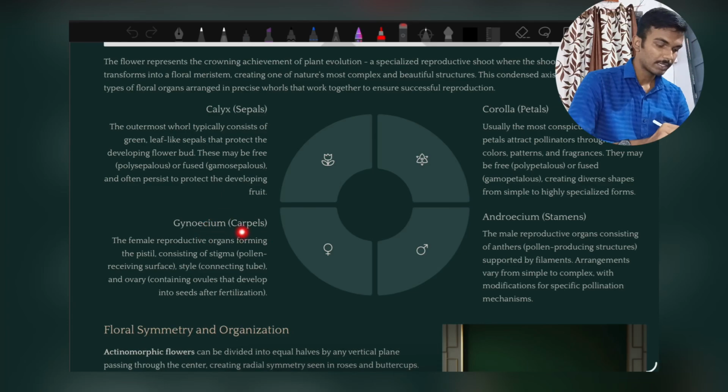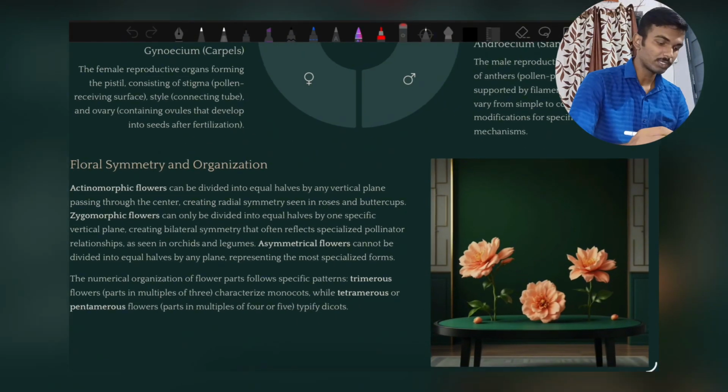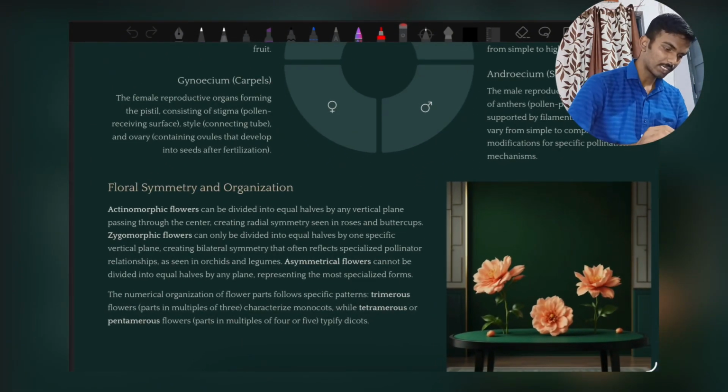Gynoecium carpels, the female reproductive organ, forming the pistil consisting of stigma, pollen receiving surface, style, connecting tube, and ovary containing ovules that develop into seeds after fertilization. Androecium stamens, the male reproductive organs consisting of anthers, pollen producing structures supported by filaments. Arrangements vary from simple to complex with modifications for specific pollination. Floral symmetry and organization.